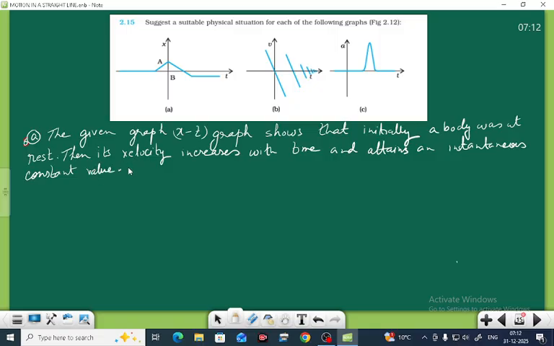The velocity then decreases to 0 with an increase in time.